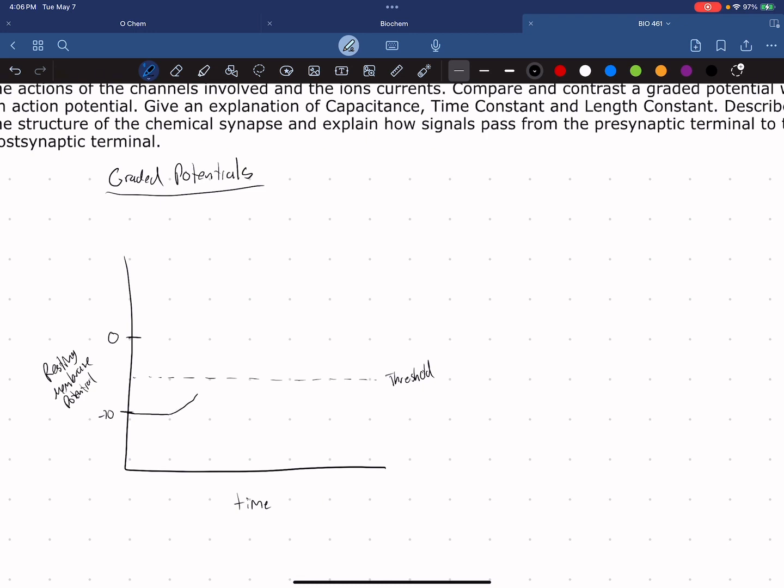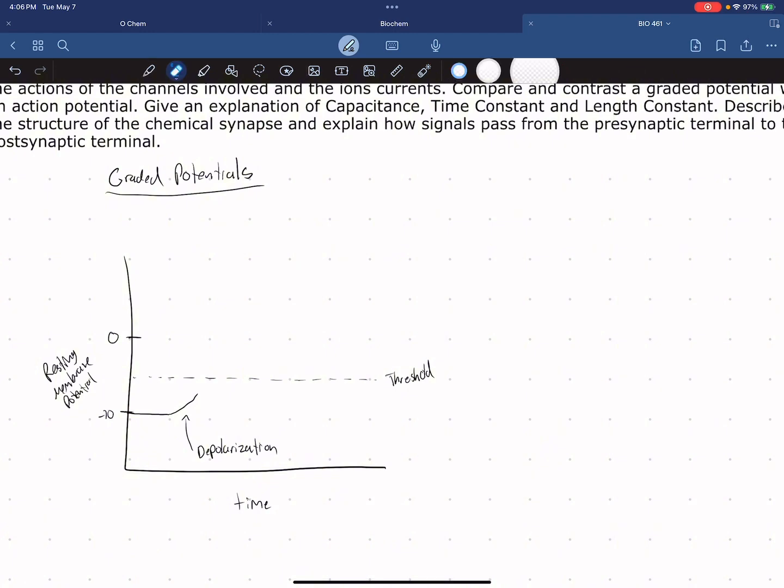It will move up like this. And so this movement of increasing is called depolarization.